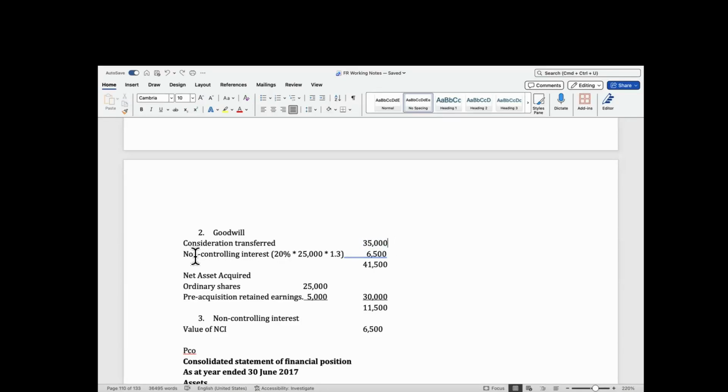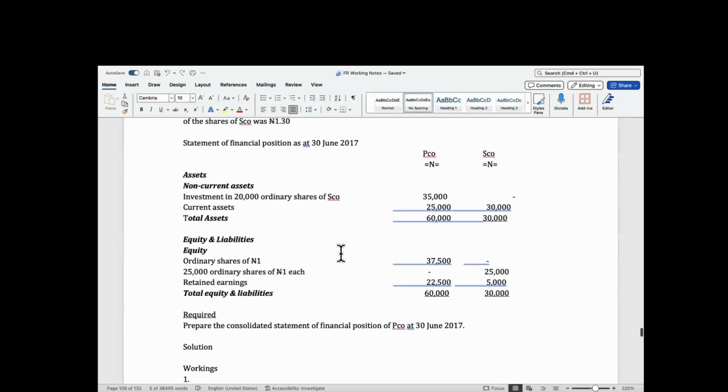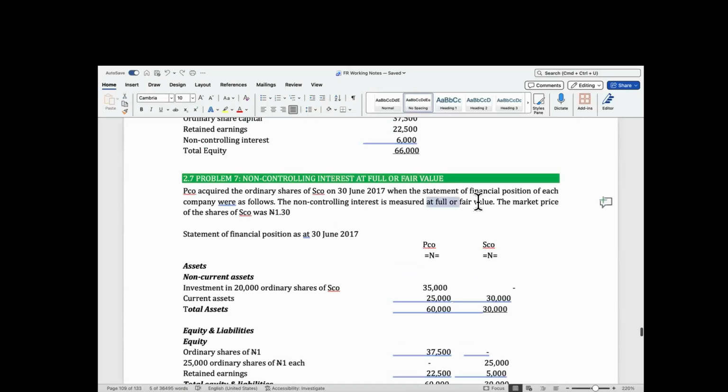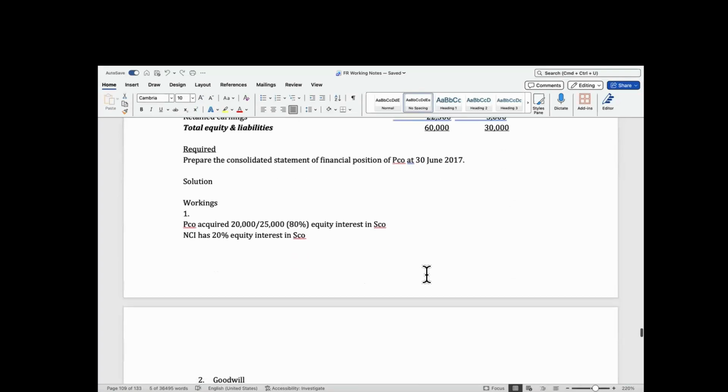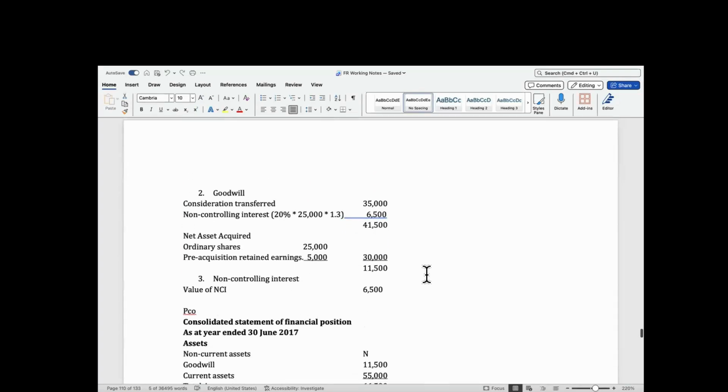then we add NCI. But in this case, NCI is measured at full or fair value. So this is different from proportionate share. For full or fair value, we are going to use the subsidiary's market price to determine the value of NCI.